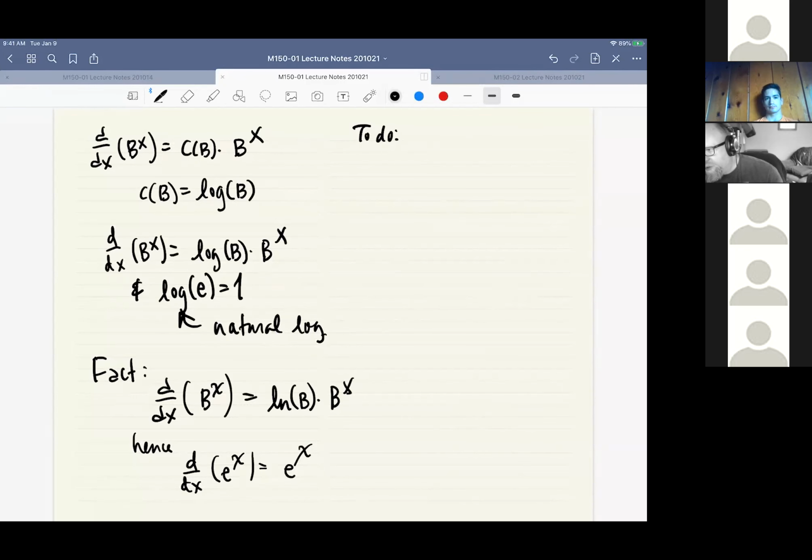What do we miss? Polynomial, rational, algebraic, inverses. Okay, that's not a family of functions, but yes, we don't know how to differentiate inverses yet.